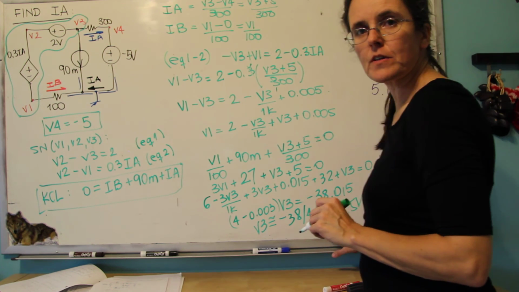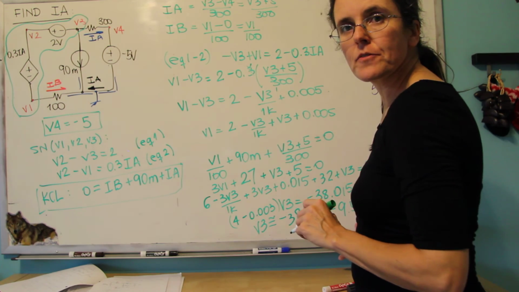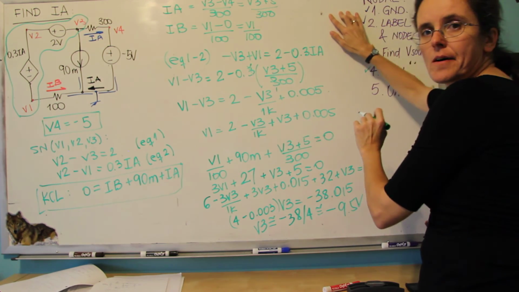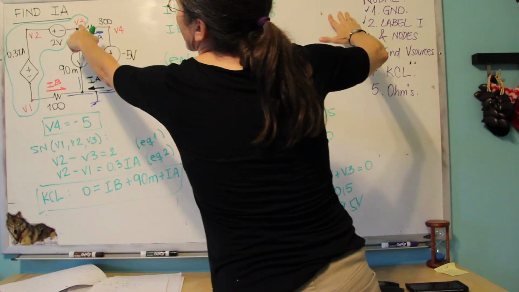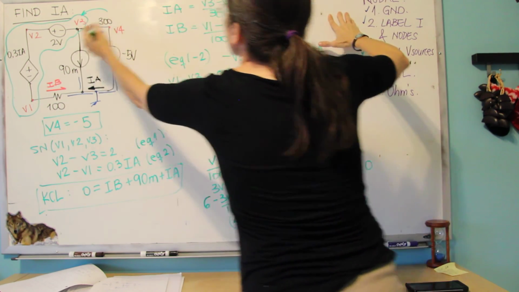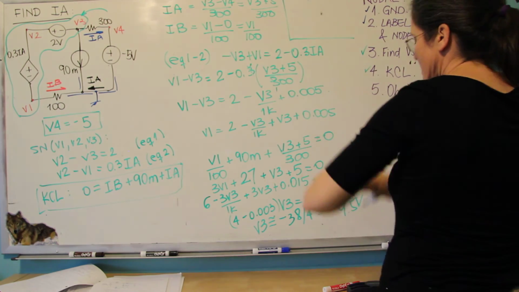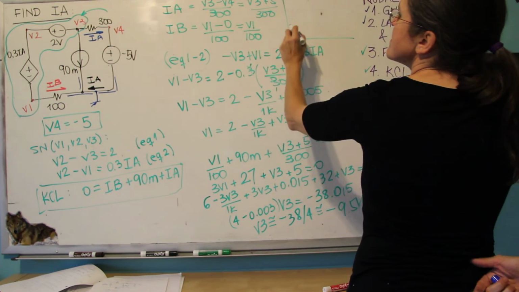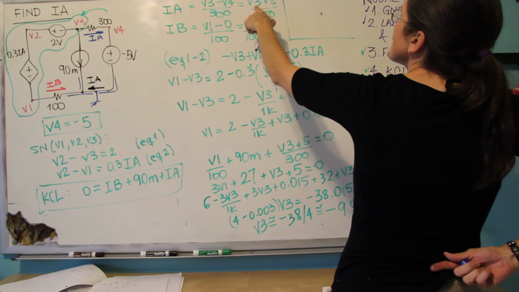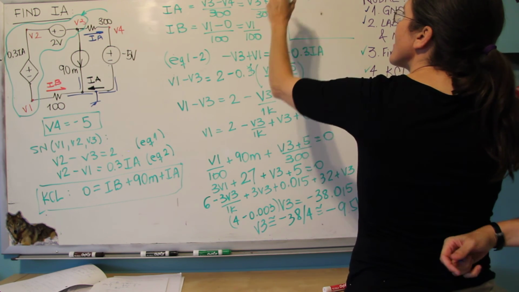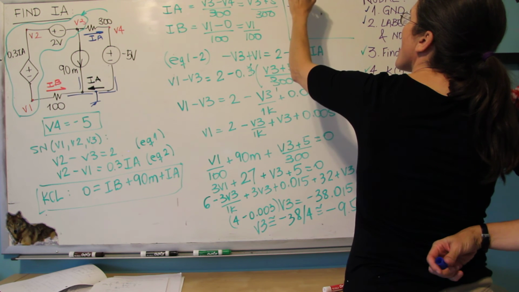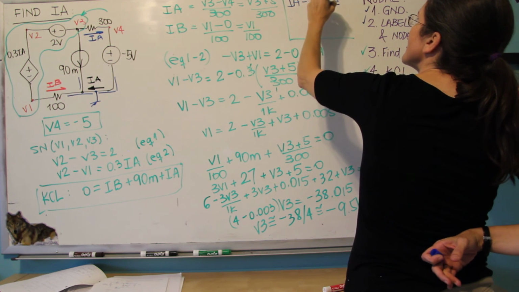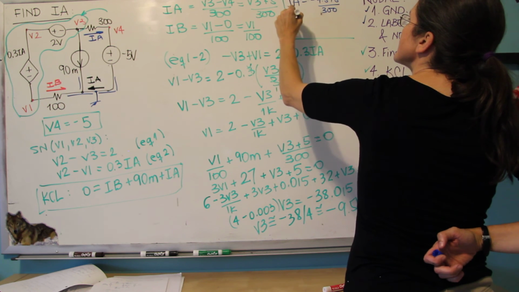Now, this is V3. I don't know if you can see up here, but I'm gonna try to write here in another color how to find IA. IA is V3 plus 5 divided by 300. So IA is approximately minus 9.5 plus 5 divided by 300.